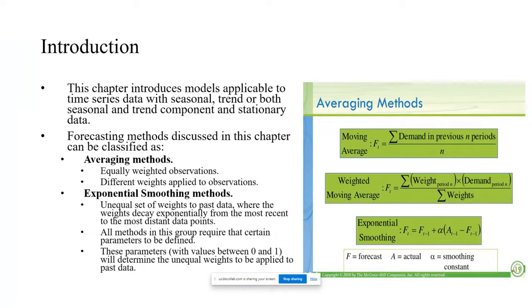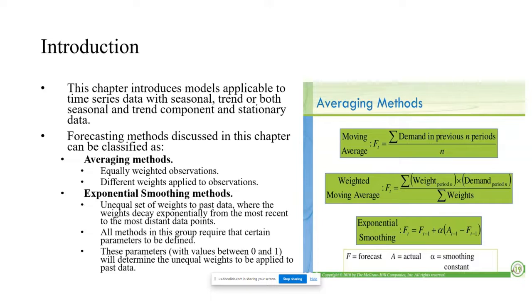Forecasting methods discussed in this chapter can be classified as averaging methods, where you can see there's two different ones, equally weighted, different weights. And the second category is exponential smoothing methods, unequal sets of weights to past data.